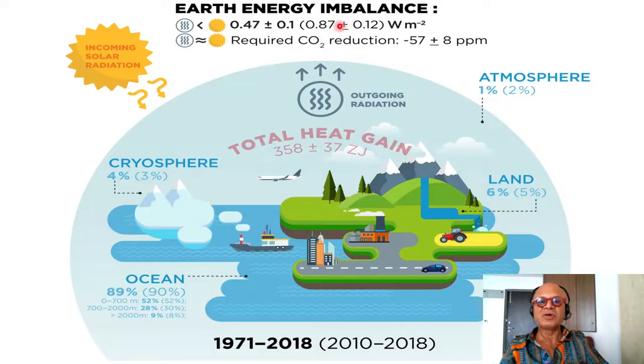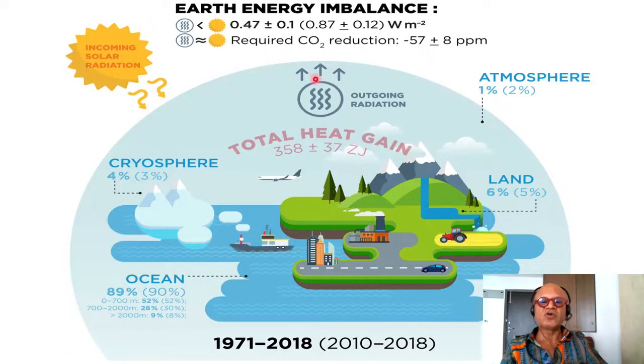And the acceleration is shown by looking at the shorter period, 2010 to 2018. So the imbalance has accelerated as well, and the required CO2 reduction to get rid of this energy is minus 57 plus or minus 8 ppm. That's the amount of atmospheric CO2 that has to be removed to allow the outgoing longwave to increase by that much.